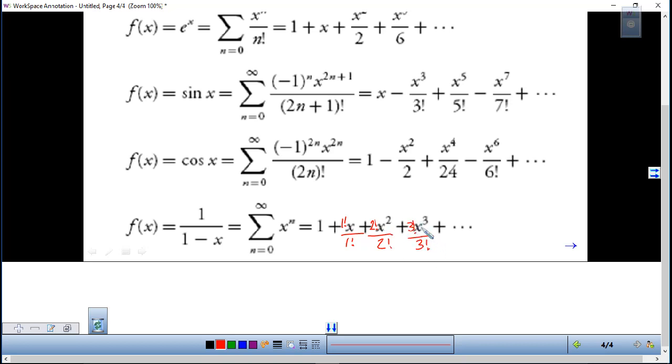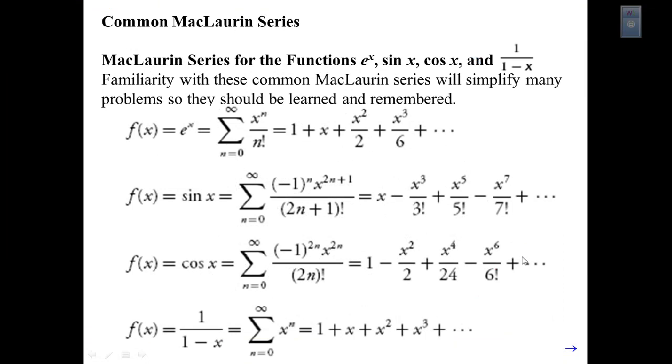And those factorials come from taking consecutive derivatives. Remember, with x to the third, if you continue to take the derivative until it gets to be a constant, you're going to have 3x squared and then 6x and then 6, which is 3 factorial. So with 1 over 1 minus x, the way I remember it is to just remember that it's everything I've got with my e to the x, all the terms, but I get rid of the bottoms. So these should be committed to memory.